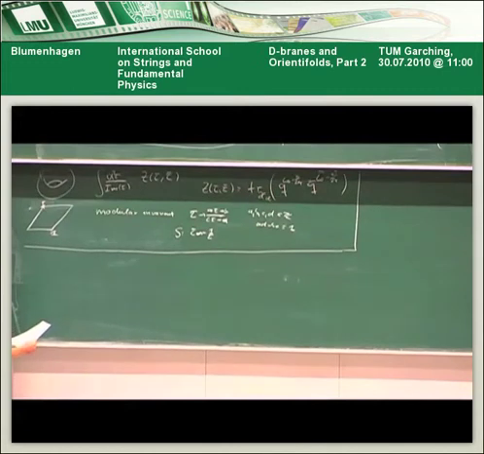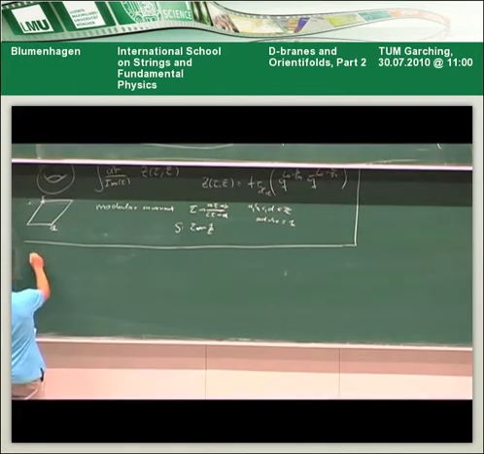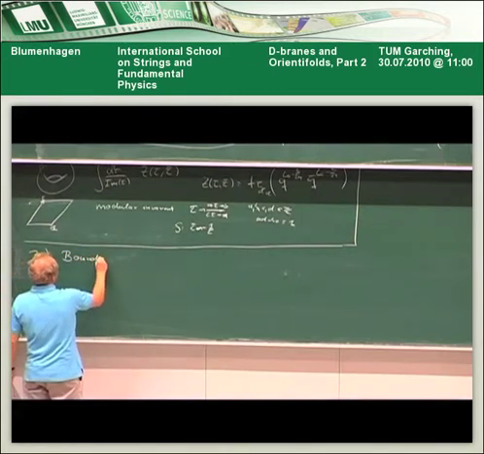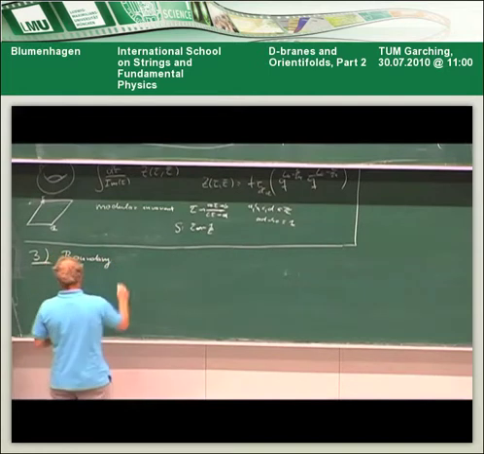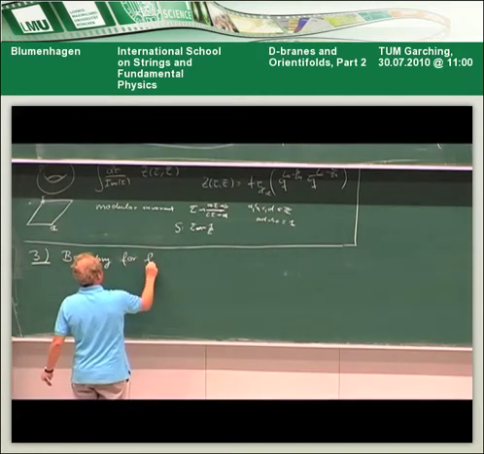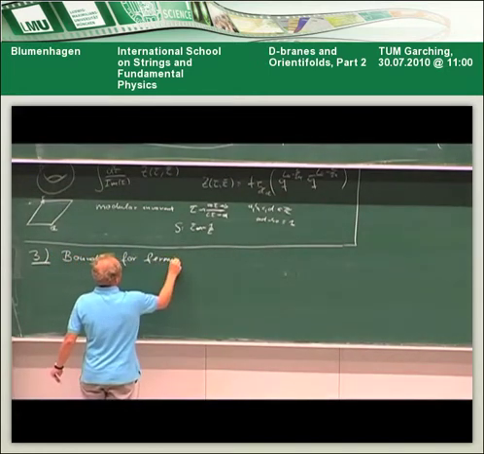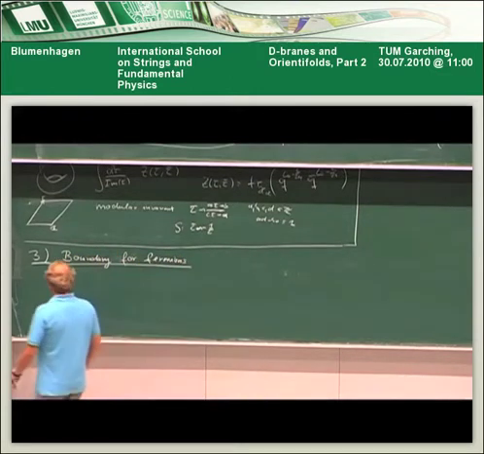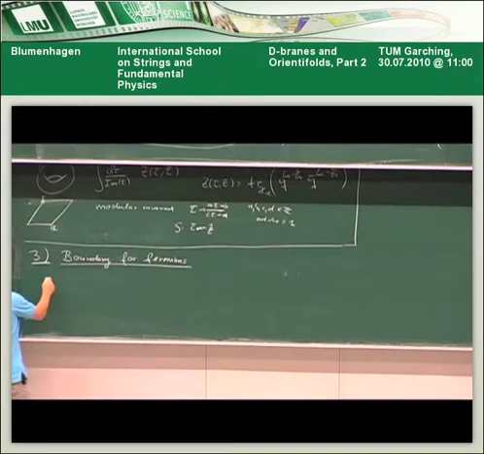Now this is chapter 3: boundary states, or the extension of what we just did for the superstring, boundary states for worldsheet fermions. Now the situation is different. Now we know that the critical dimension is 10, not anymore 26.